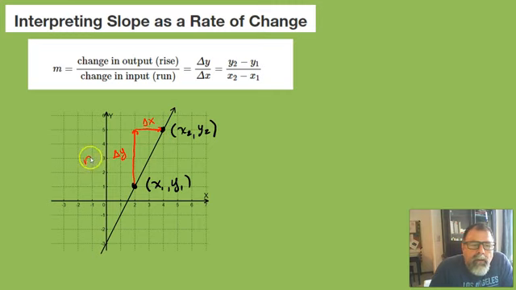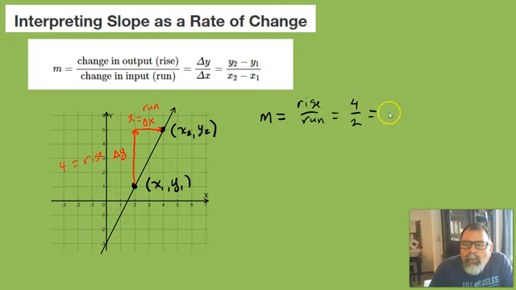So this is my rise over run. I can count 1, 2, 3, 4. So that's 4. Then I can count 1, 2. So one way I could do it, if it's on a graph, is to just count the rise over the run. Rise was 4, run is 2, 4 divided by 2 is 2. So you can leave it as a fraction, 2 over 1, or you just write it as 2. Either way, it's fine.